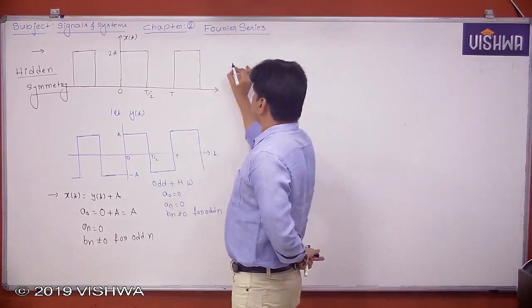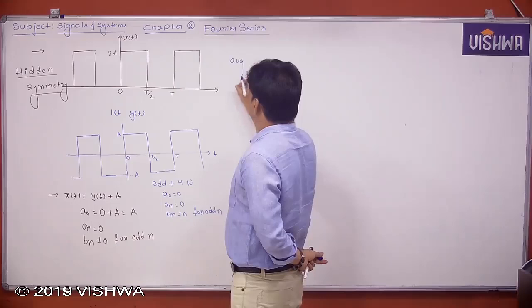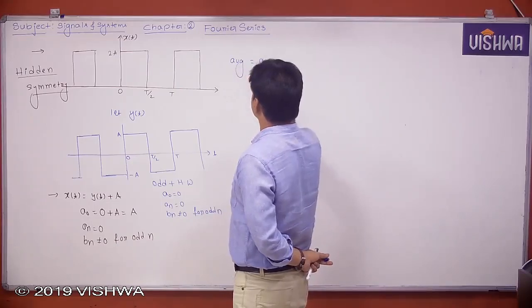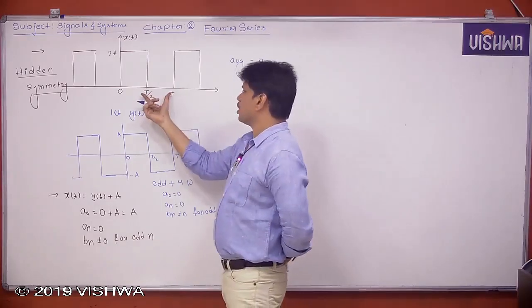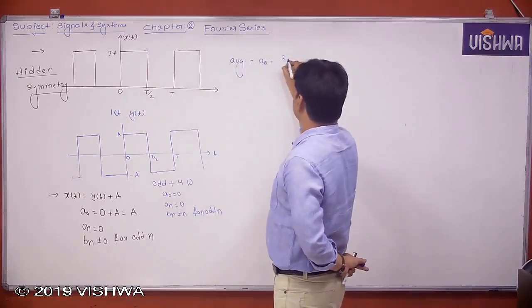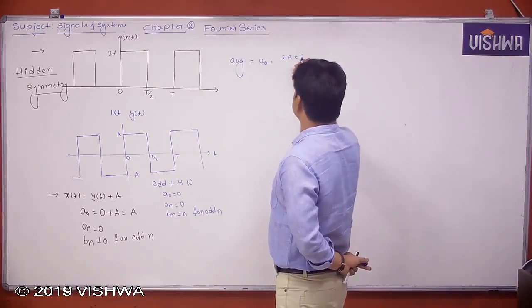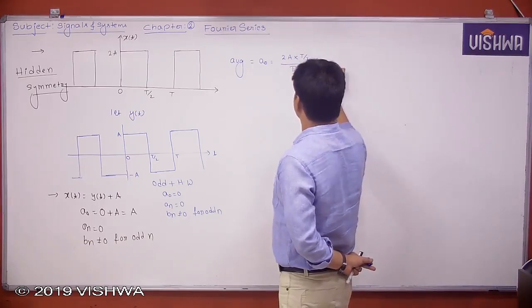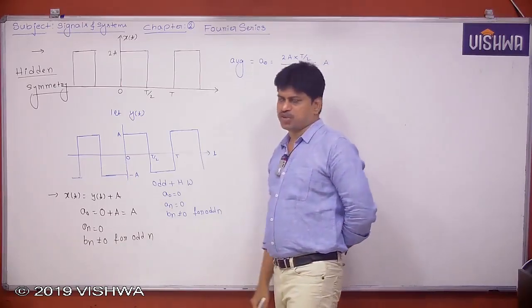For this signal, what is the average value? That is a0. Over a period, what is the area? 2a into T by 2, divided by the total period T. T gets cancelled, and finally a is the average value.